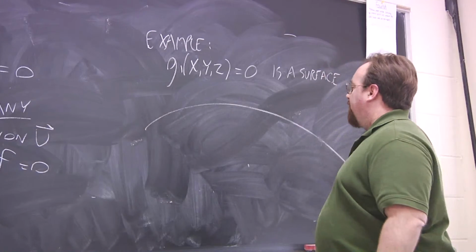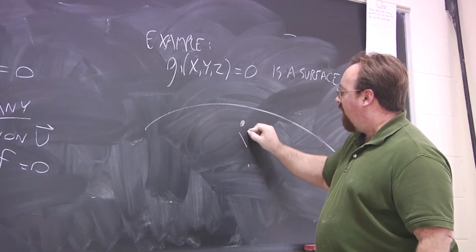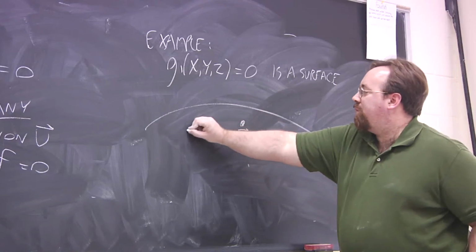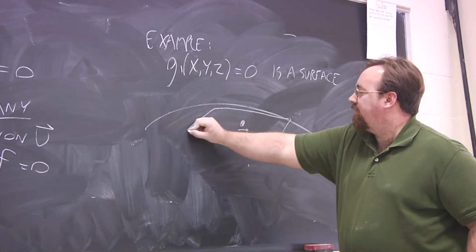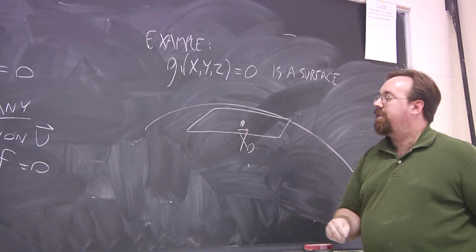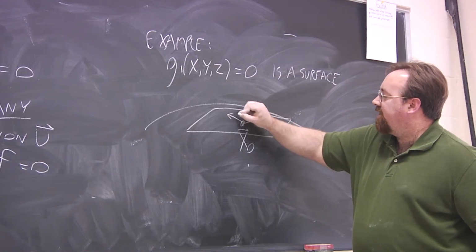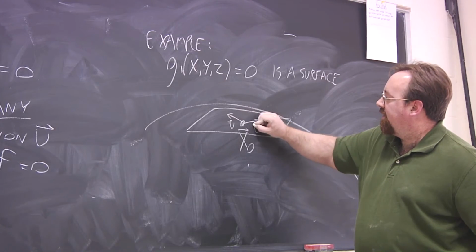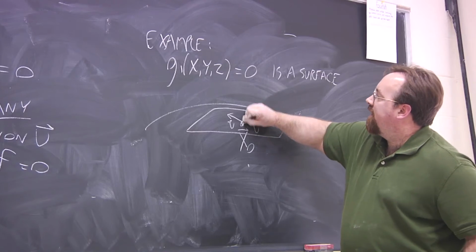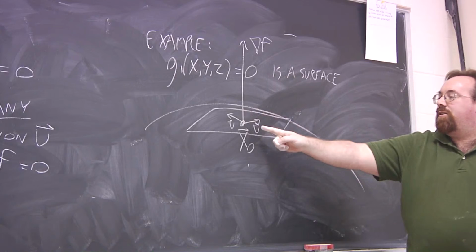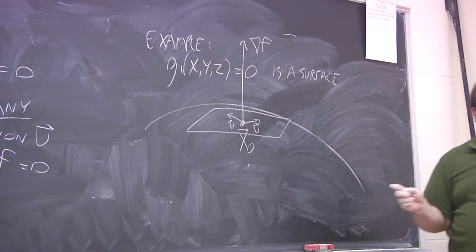So we have a surface, and a point x0 on the surface. The surface at that point is going to have a tangent plane, with whatever directions are contained within it. So we need the gradient of f to be orthogonal to all directions in this tangent plane.